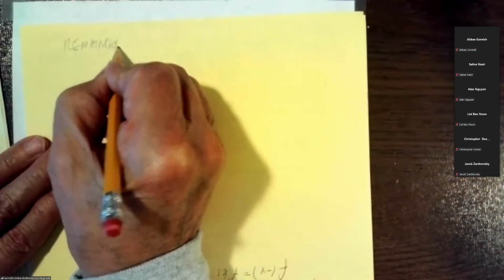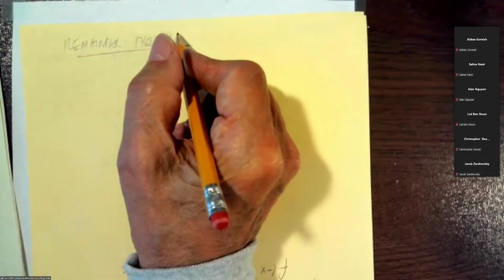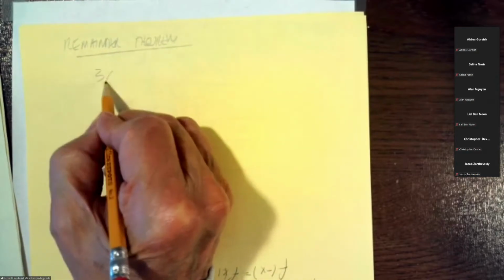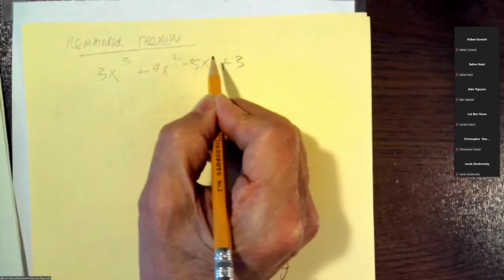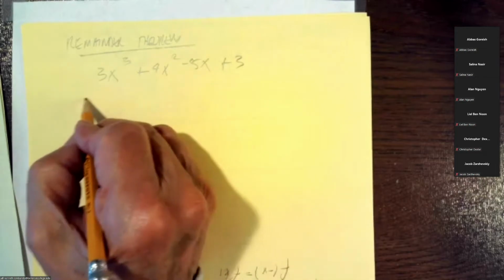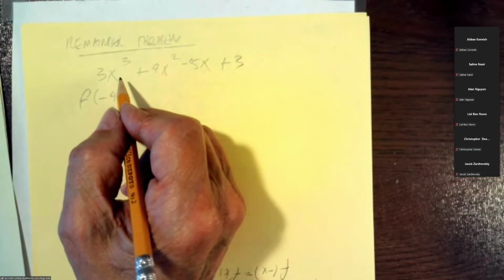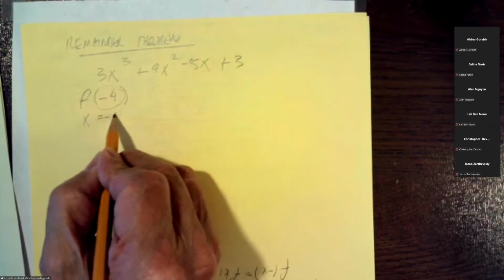If I'm given 3x cubed plus 4x squared minus 5x plus 3, and I want to find f evaluated at -4, and if I use the remainder theorem, this says that x equals -4.